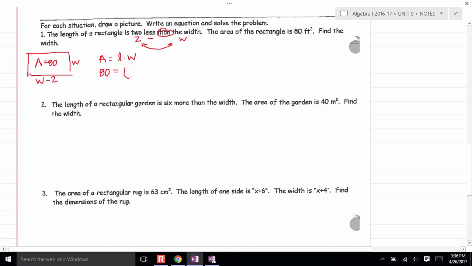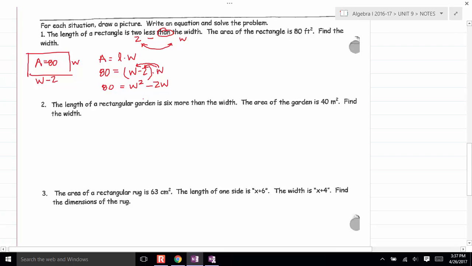The length is W minus 2. And then the width is just W. We can distribute the W. That would give us 80 equals W squared minus 2W.